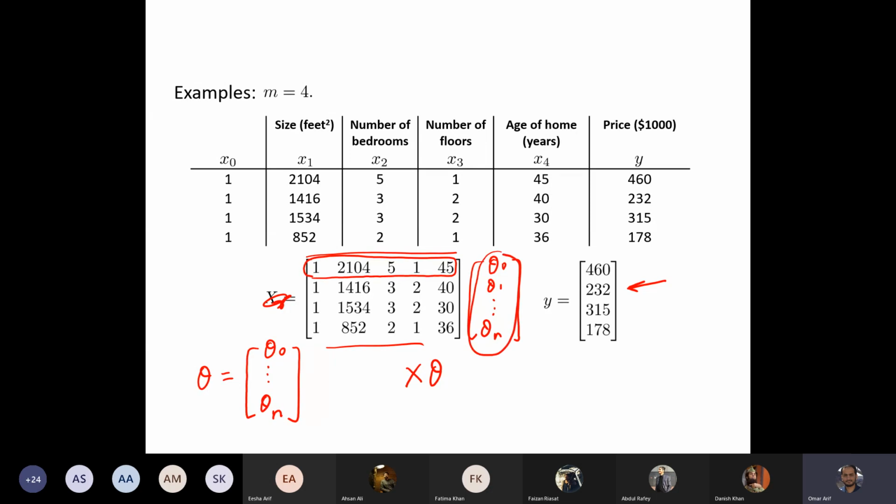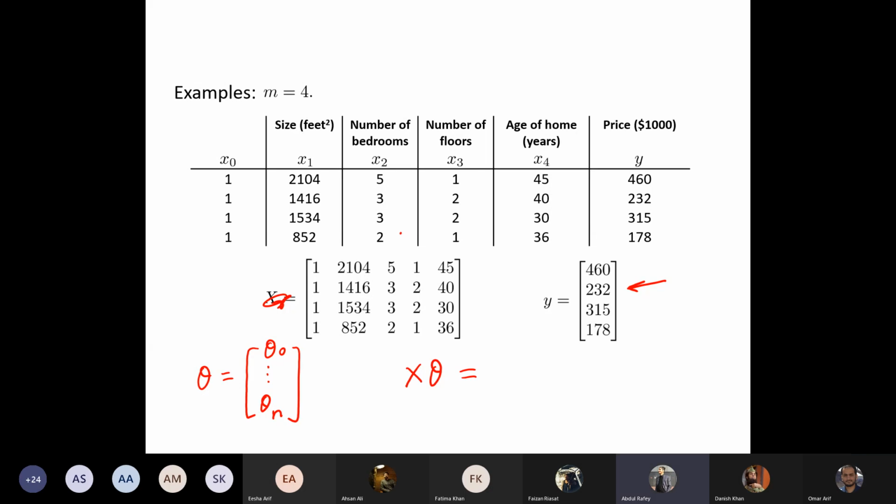This is the prediction for the first example. Similarly, the second element would be the prediction for the second example, and so on. So ideally, when I multiply x with theta, it should give me the hypothesis values. It should give me this vector y. That is, if theta is right, it should give me y.